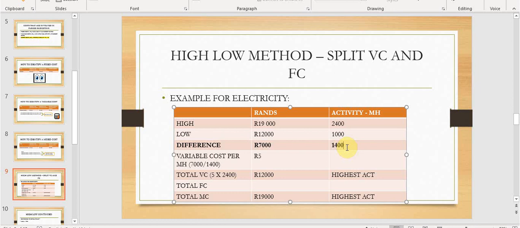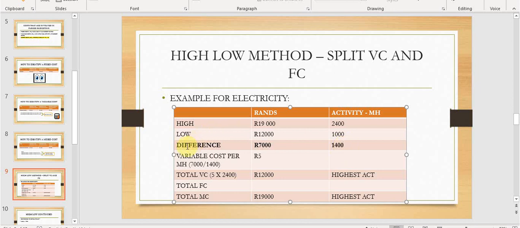If I now want to calculate my variable cost per machine hour, so per the activity, it can be per machine hour, per labor hour, per unit, depending on the type of activity level in the question, then I will say it is the 7,000 rand divided by the 1,400 difference in the machine hours. So I basically take the rand value and divide it by the difference in the activity.